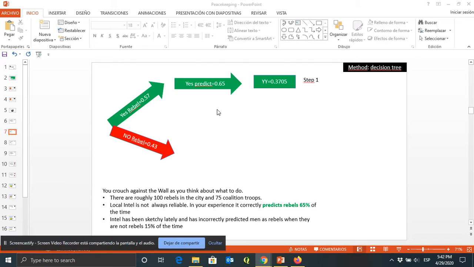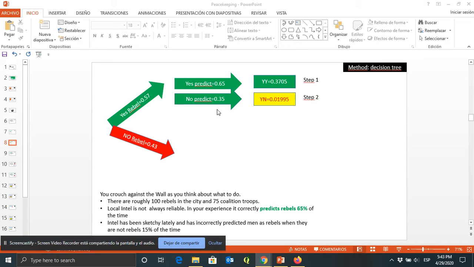And we just multiply 0.57 times 0.65 to get a yes, yes of 0.3705, which is step 1. And if we subtract 1 minus 0.65, we get the yes, no version. We multiply 0.57 times 0.35, and we get again the yes, no version of 0.01995, which is step 2.